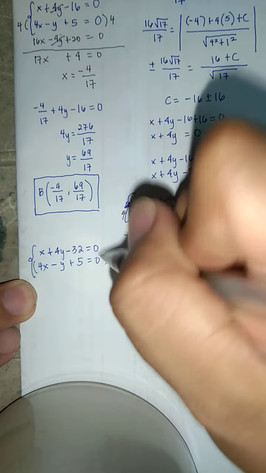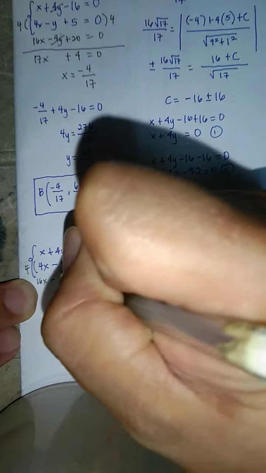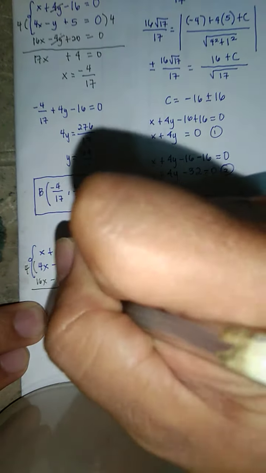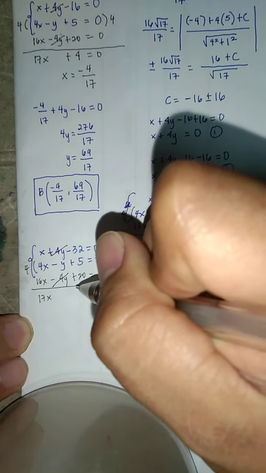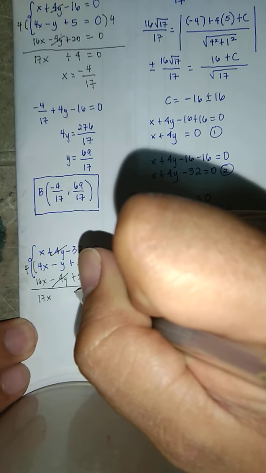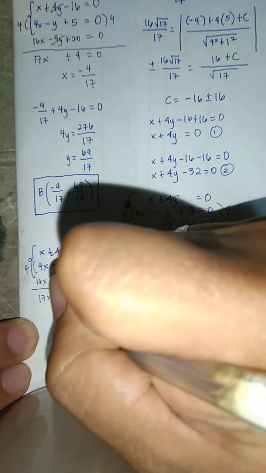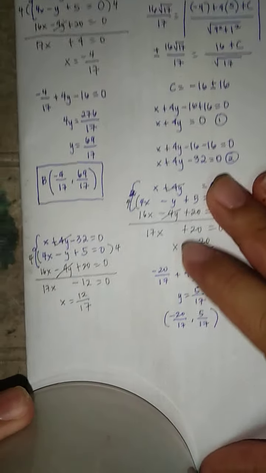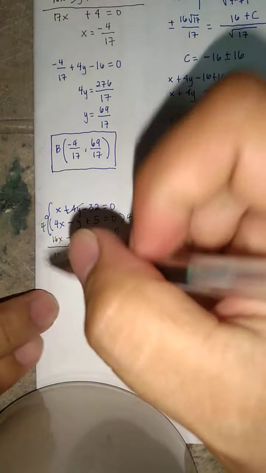Here you multiply again by 4, so this is 16x minus 4y plus 20 equals 0. This one cancels out, so you get 17x, and then negative 32 plus 20 is negative 12 equals 0, so x is 12 over 17. Now let's substitute it into the first equation.